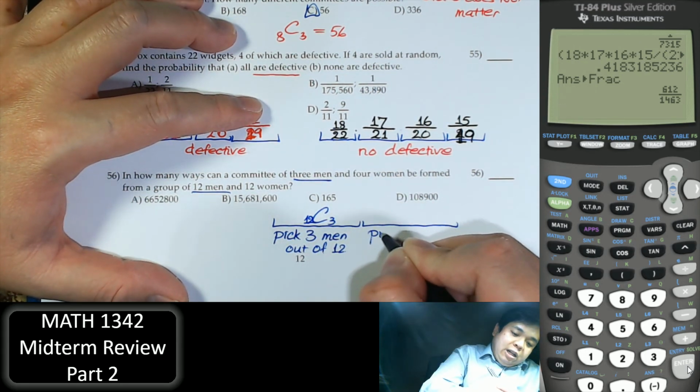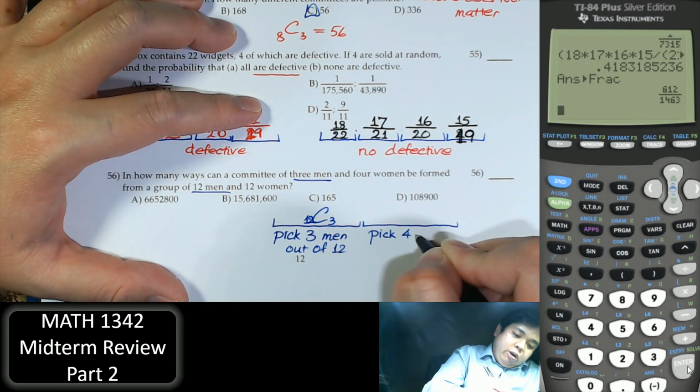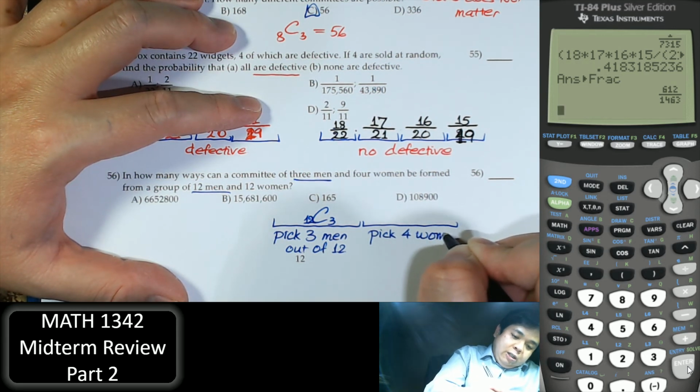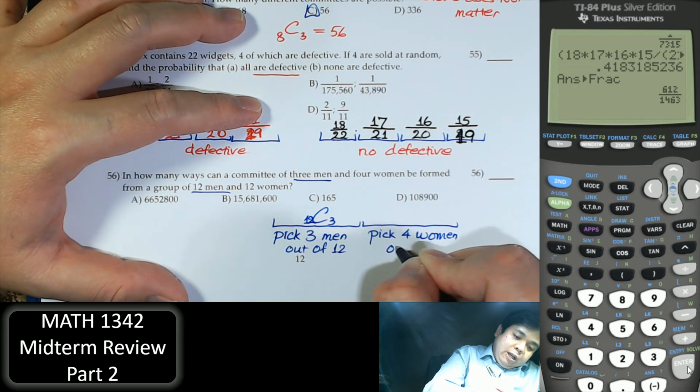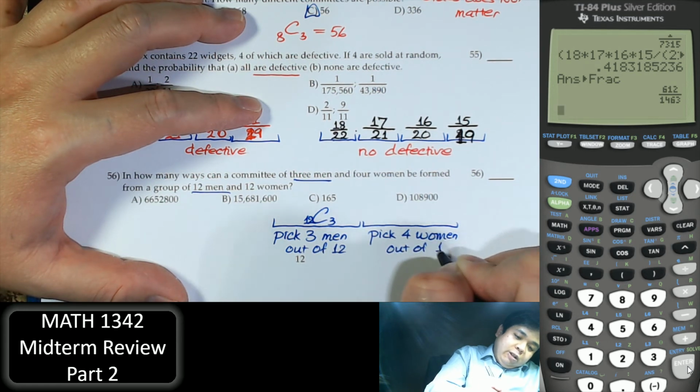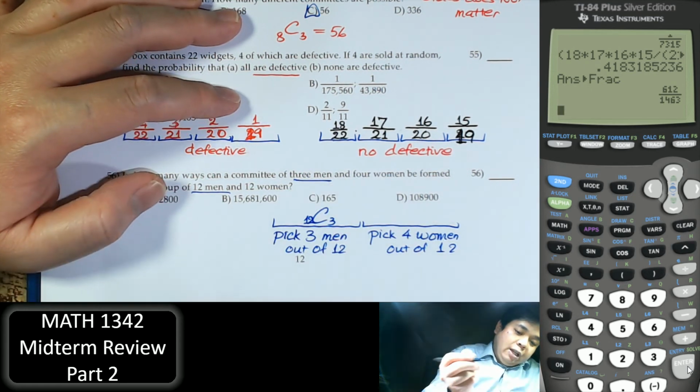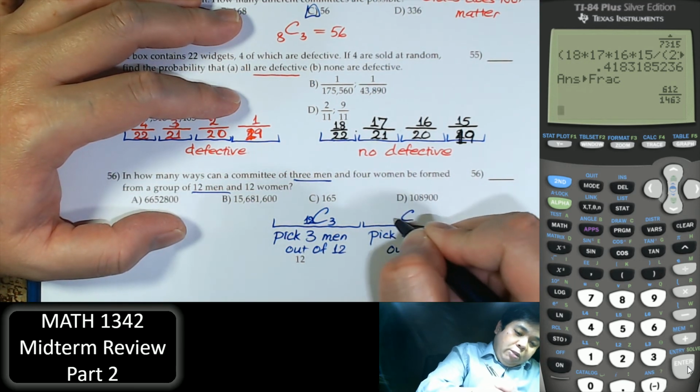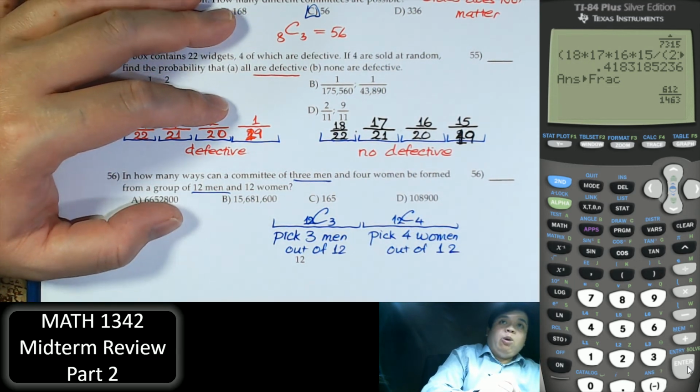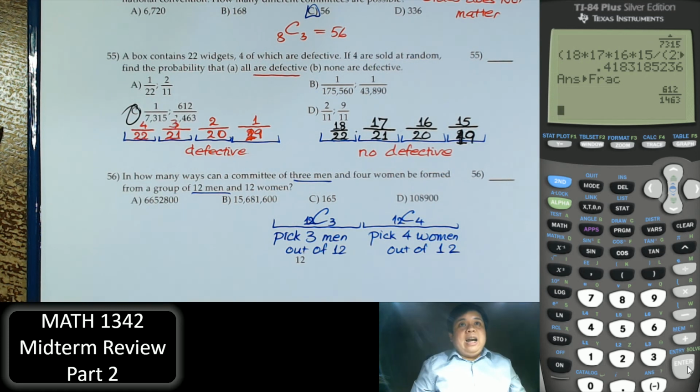And then next, we pick 4 women out of 12 women. So we pick from 12, 4, and I will just calculate and multiply them together. That should be easy enough.